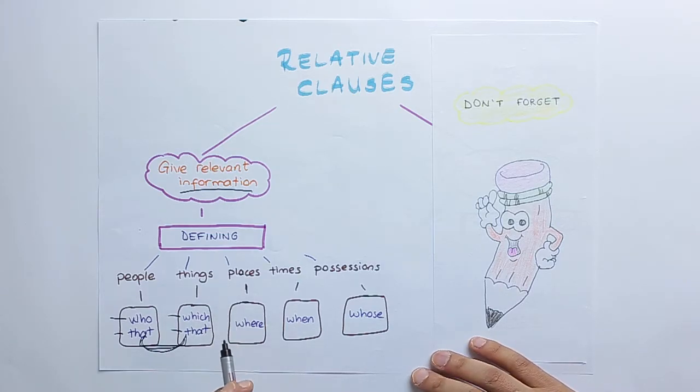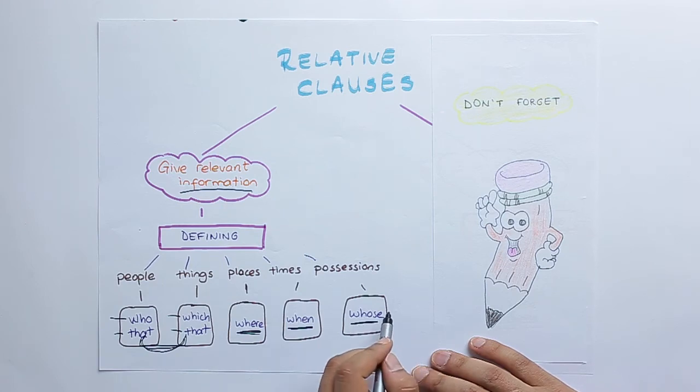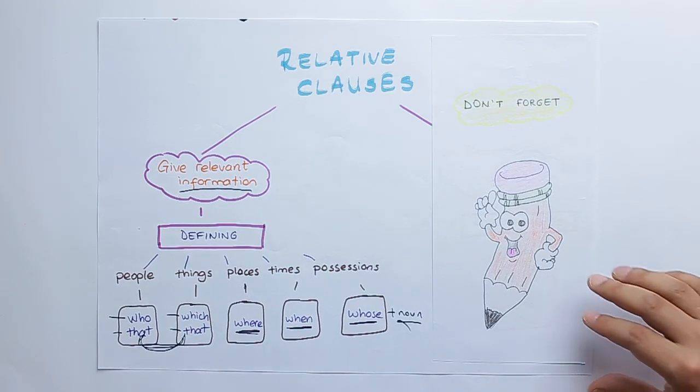And for places, we have to use where. If something is referring to a time, you should use when. If there's a possession, and if you are joining two sentences, you should use whose. Don't forget it. Whose plus noun. Okay? Don't forget it.